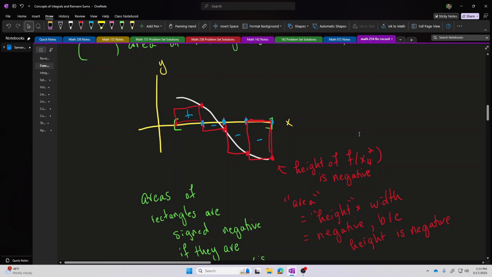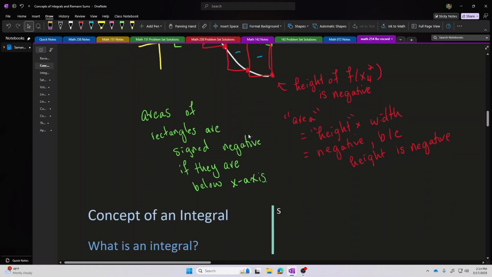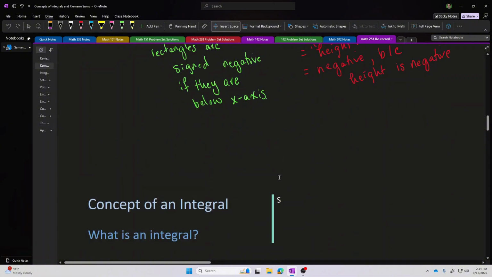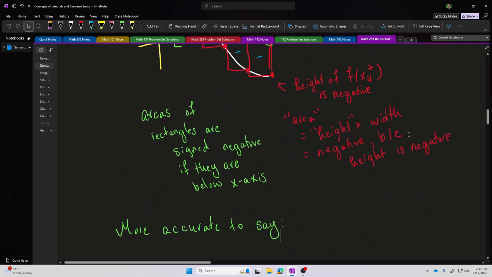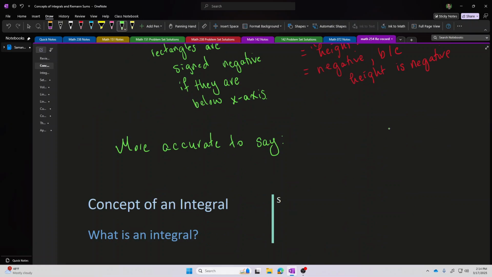And the result of that cancellation is what's called the net area. So it's more accurate to say that the Riemann sum is the total net area of the rectangles under the graph.